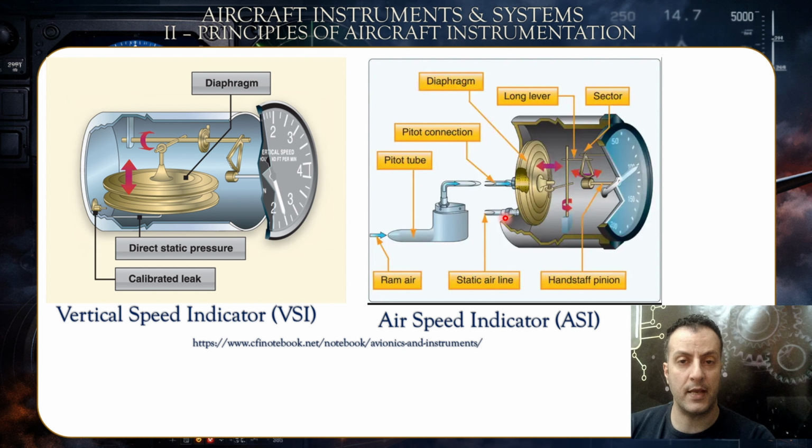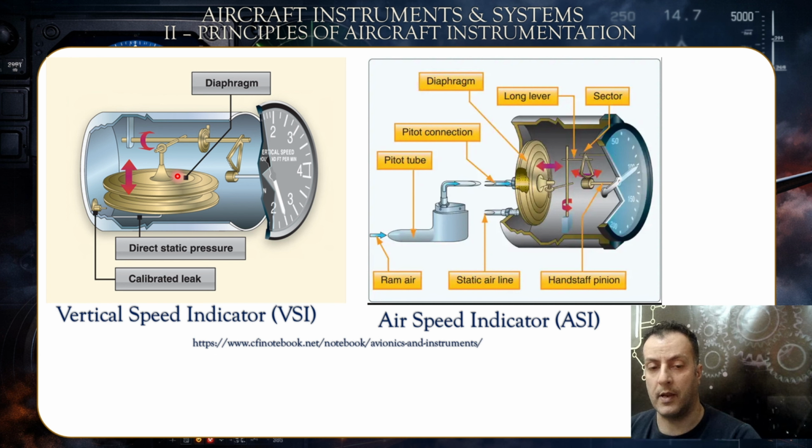So for the VSI, because we've already explained the altimeter, how does the VSI work? You have a common denominator, which is the diaphragm locking static air on the inside that has been locked and sealed when the aircraft was still on the ground, which is used as a reference point to measure the altitude, the ASI, the airspeed, and also the vertical climb or descent rate of the aircraft.